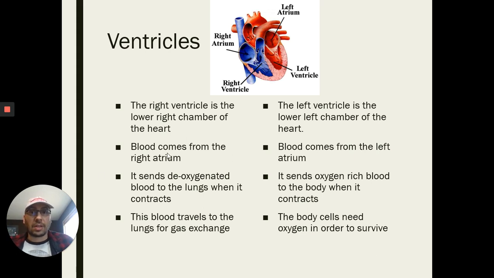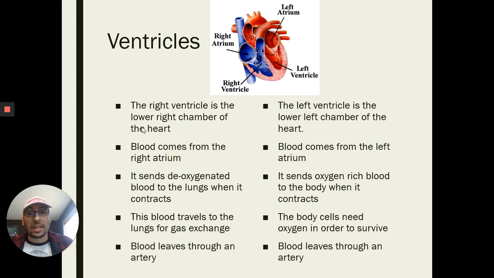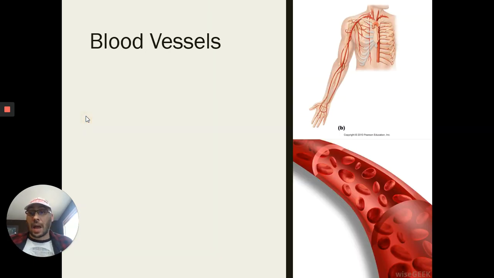And it's also delivering that carbon dioxide so we can get rid of it. And here we go, blood leaves the left ventricle through an artery, and the same thing happens on the right side. The blood leaves through an artery. So it's very important to remember the blood goes to the heart through a vein, leaves the heart through an artery. There we go. That was it for the heart in a nutshell.